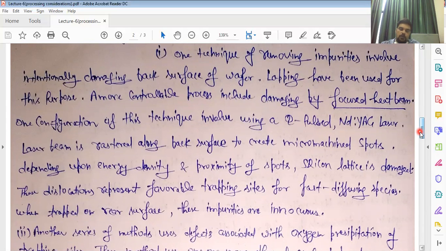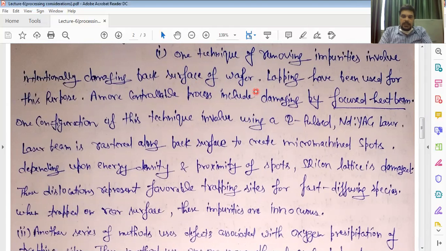There are two techniques that we can use in gettering treatment: one is extrinsic gettering and one is intrinsic gettering. In extrinsic gettering, one technique of removing impurities involves intentionally damaging the back surface of the wafer. How will we damage the back surface of the wafer?